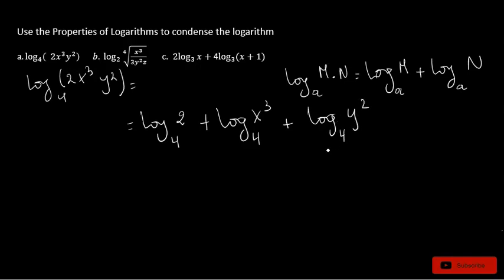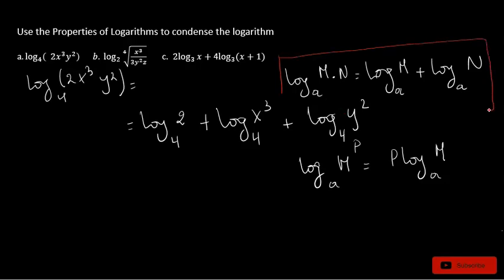For the next step, we have to use the power property. The power property says if you have log base a of m raised to the power of p, it is equal to p log base a of m. Let me put those properties in a box.